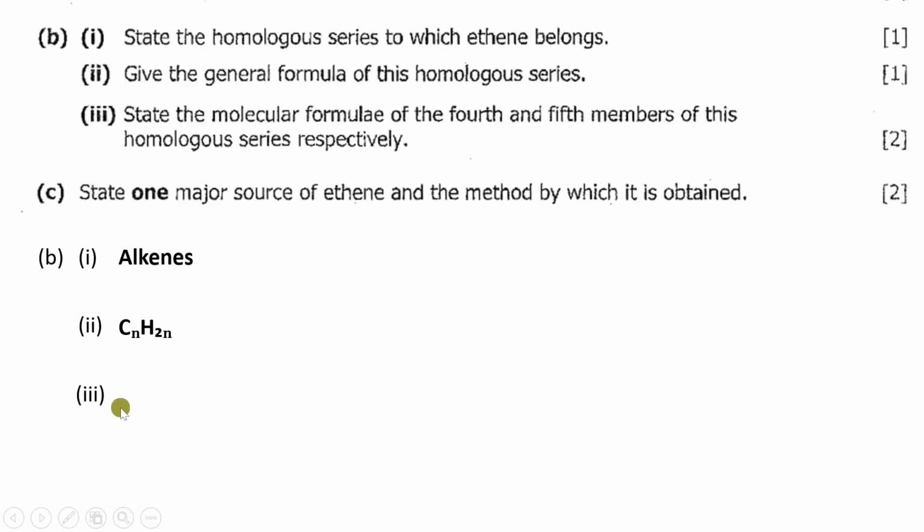Then 3, state the molecular formula of the fourth and the fifth members of this homologous series respectively. The fourth is C4H8, then the fifth is C5H10. Now, how can you know? You just use this formula. For the fourth, the number of carbon, n, is 4.